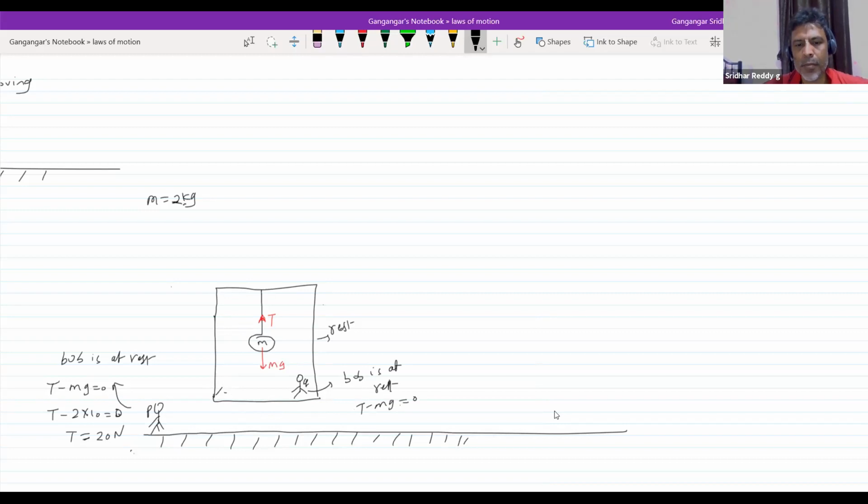T minus mg equals 0. He will also say that tension is 20 Newton. Nowadays we have mobiles, so they'll call each other. How much tension do you measure? 20 Newton. Okay, fine. And both will say that yes, Bob is at rest. Okay, these are the comments.